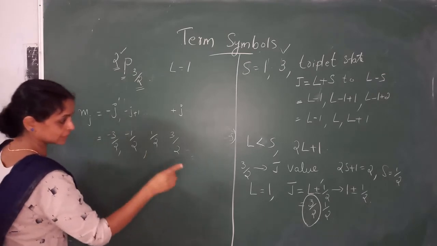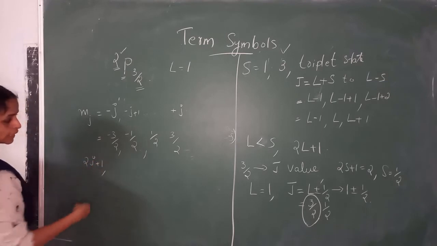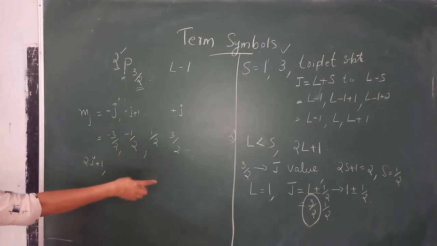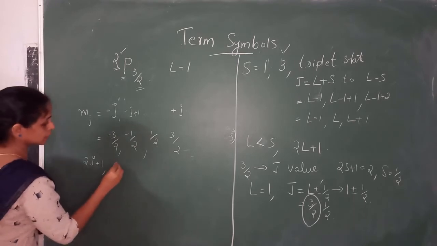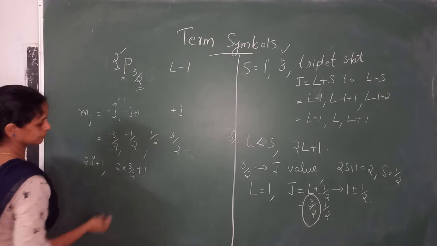That is, J will take different orientations. 2J plus 1 different orientations will be there for this J. When J equal to 3 by 2, that means 2 into 3 by 2 plus 1, that is 4.